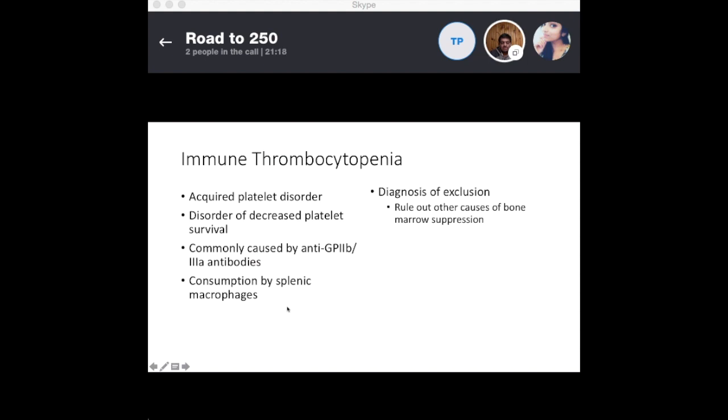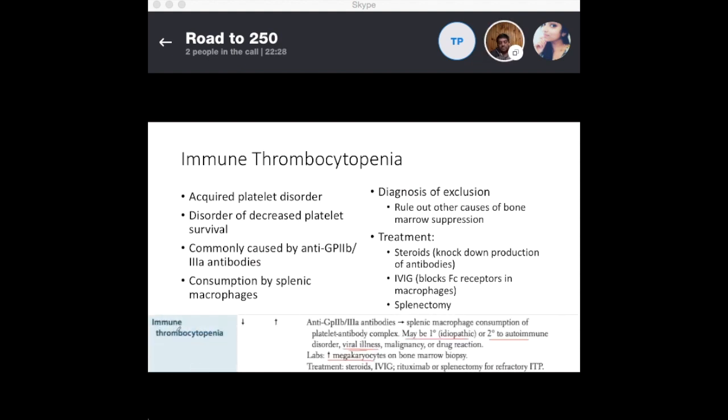So the diagnosis for immune thrombocytopenia is based on exclusion. You want to rule out any other cause of bone marrow suppression, and the treatments will be either steroids to knock down the production of these antibodies, IVIG, which basically blocks the Fc receptors of these macrophages so they can't eat these antibodies, or splenectomy.